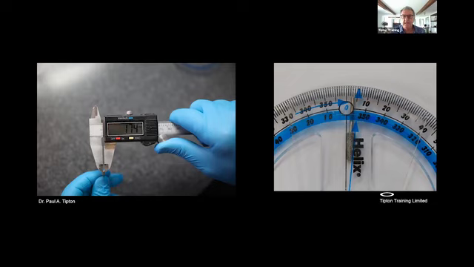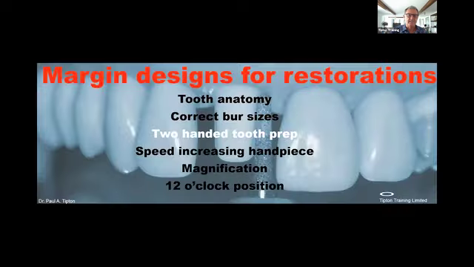It can also interfere with our seating of the restoration. So it's really important that we use half the thickness of the burr. Therefore, if I'm going to do a 0.3 millimeter chamfer, I need to pick a burr which is 0.6 of a millimeter at the cutting tip. So really important that you understand burr sizes.